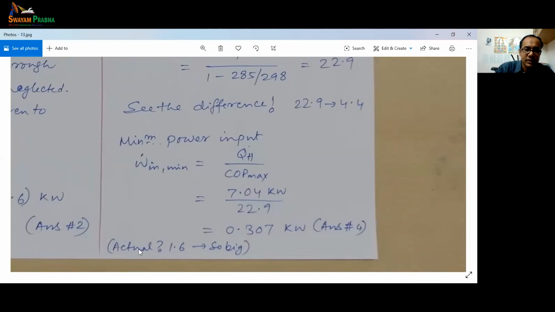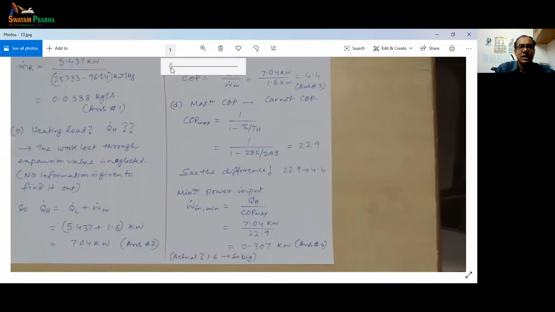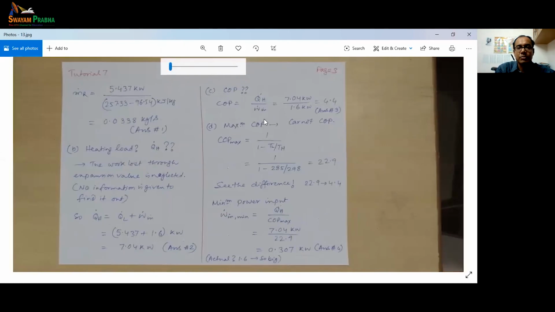You can see the actual is 1.6 kilowatt, and the minimum work that you require is 0.307 kilowatt. So see how big this is. But the problem is the Carnot heat engine or the Carnot heat pump we can never realize, and that is why the work input is much higher.